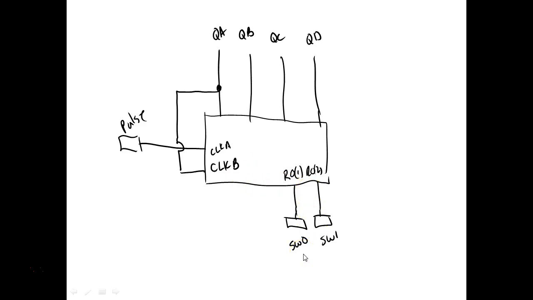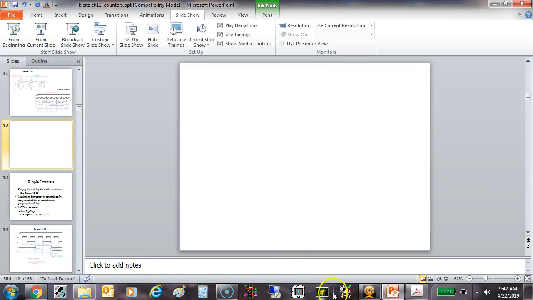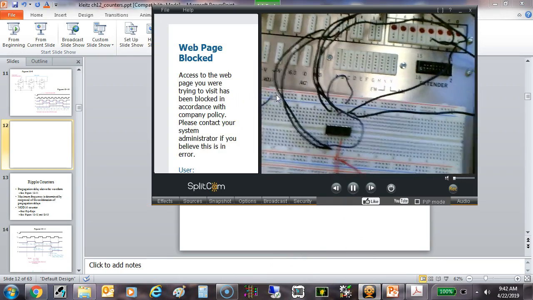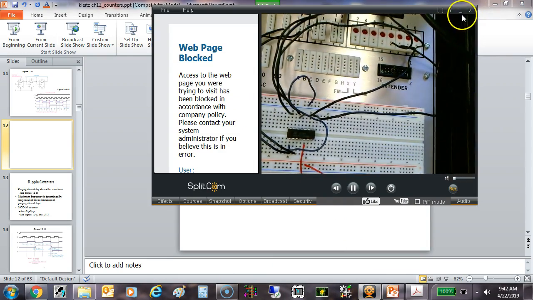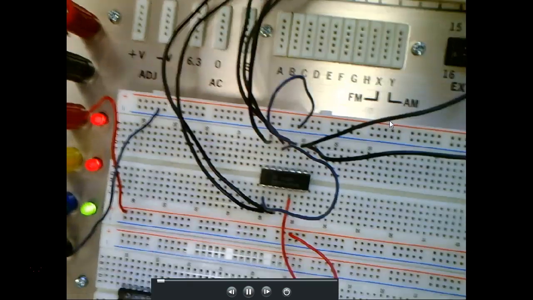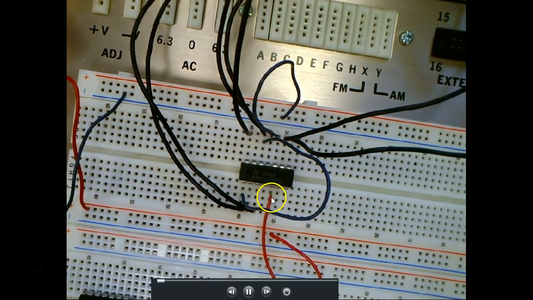So this is the basic circuit for this guy. So there it is right there. So we need to do our pin out right on the lab. So here's my power connected up to pin 5.